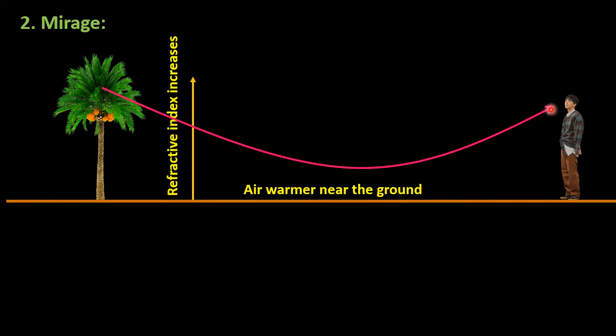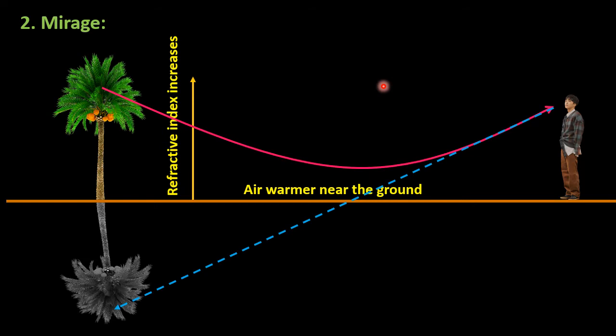If we draw this as a straight path, it will look like the ray is coming from somewhere on the ground. So he will assume that this is the shadow of the tree, but actually it is not. It creates an optical illusion for this boy.